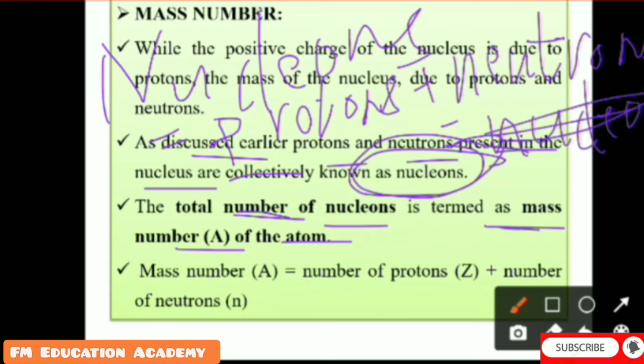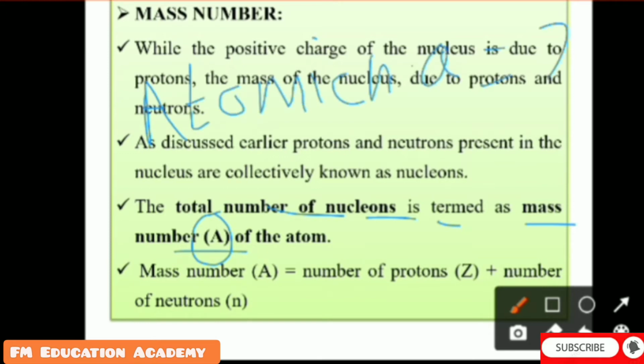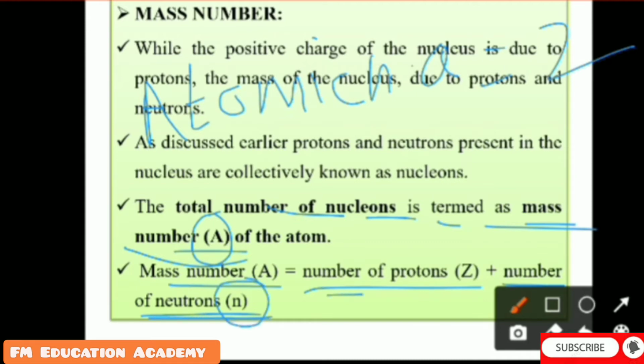That is known as mass number, because the mass of the atom, that is the total number of nucleons, is termed the mass number A of the atom. Now atomic number was indicated by Z and mass number will be indicated by A. So mass number A is equal to the number of protons Z plus the number of neutrons n. The number of neutrons is represented by small n and the number of protons by capital Z. Why capital Z? Because that is nothing but the atomic number.